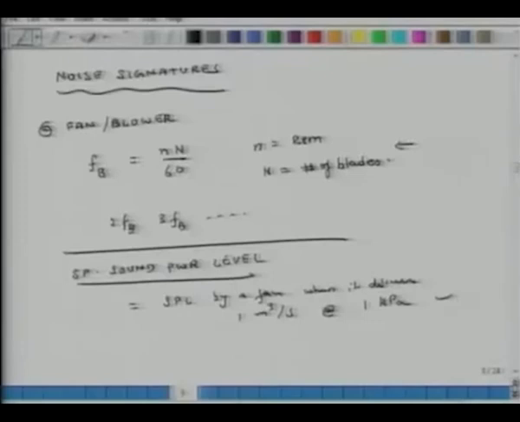Okay. So before that, I will label the specific sound power level as LWS.